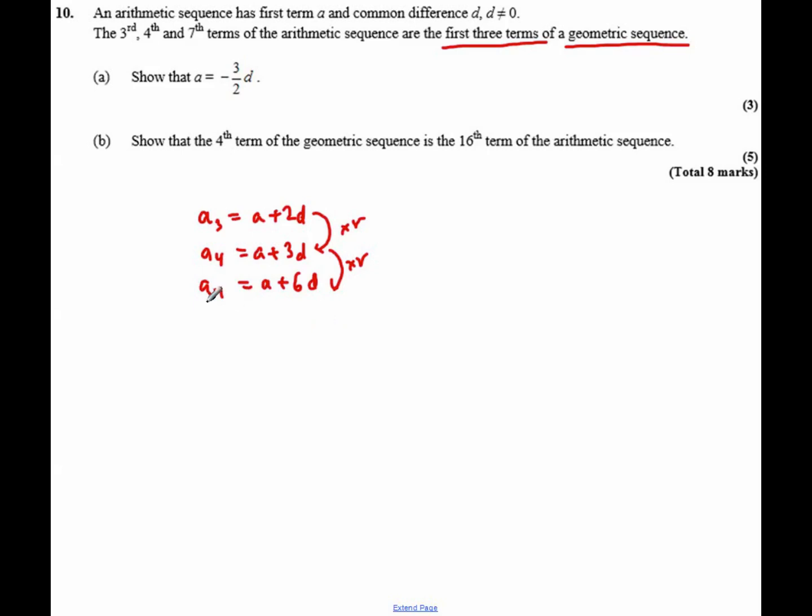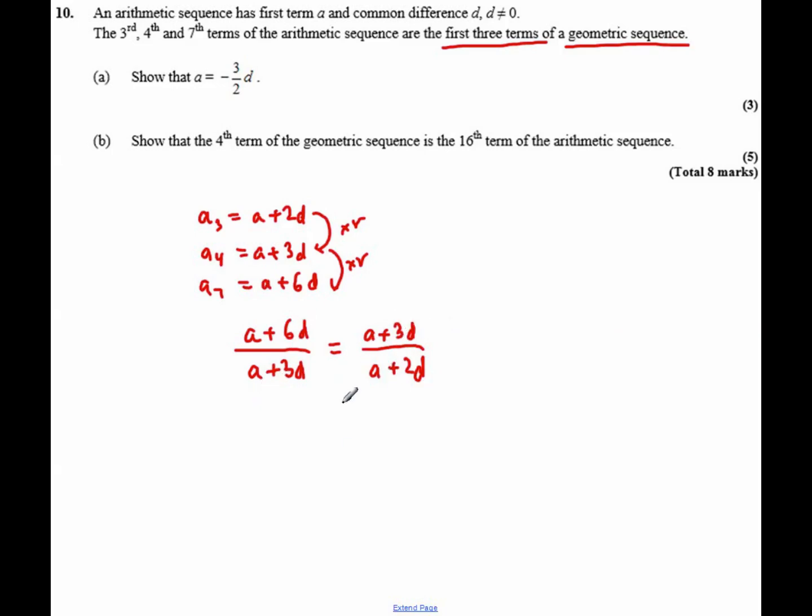Now, remember that the ratio of two terms also means one term divided by the previous one. So what this tells us is that if we divide the seventh term by the fourth term, we get the same thing as if we divide the fourth term by the third term, because this divided by this is r, and this divided by this is r, and therefore these things are equal.